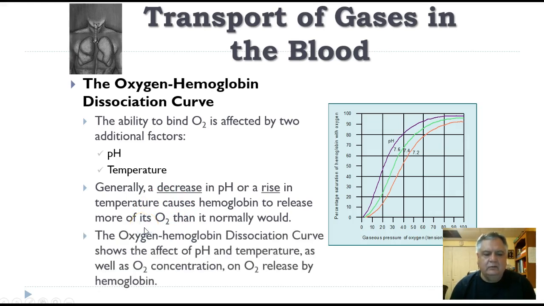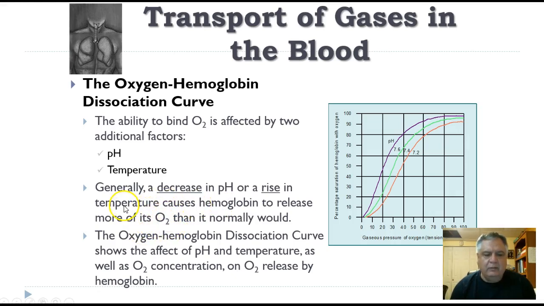On the other hand, when we take a look at pH, the oxygen hemoglobin dissociation curve also shows the effect of pH on oxygen concentration. Generally speaking, a decrease in pH causes hemoglobin to release more oxygen than it normally would.